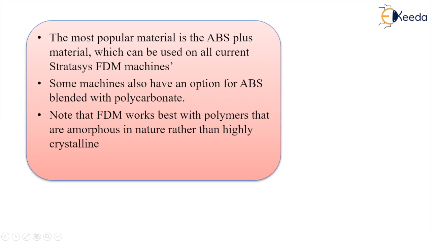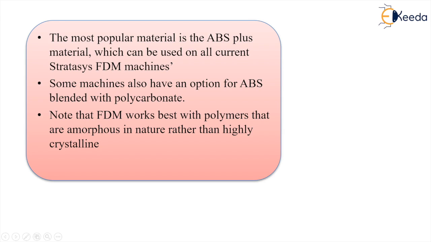The most popular material is ABS plus, which can be used on all current Stratasys FDM machines. ABS plus is the most popularly used material for this FDM. Some machines also have options for ABS blended with polycarbonate.